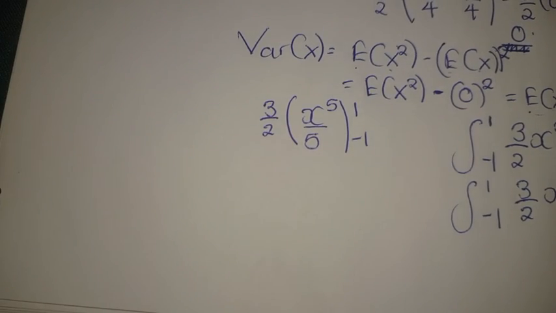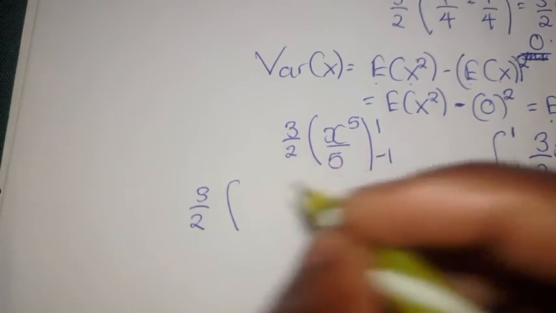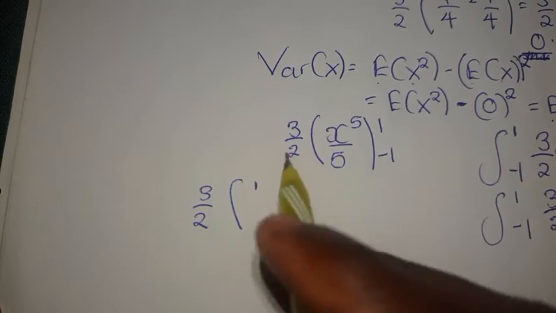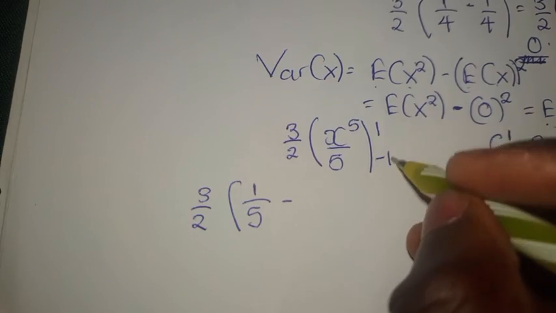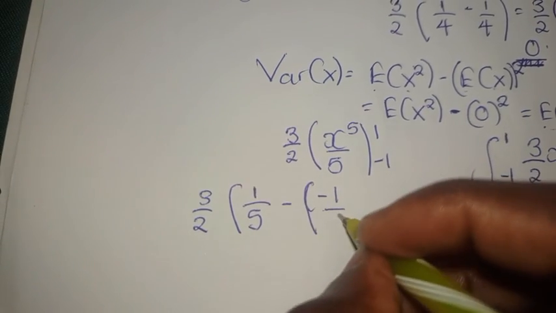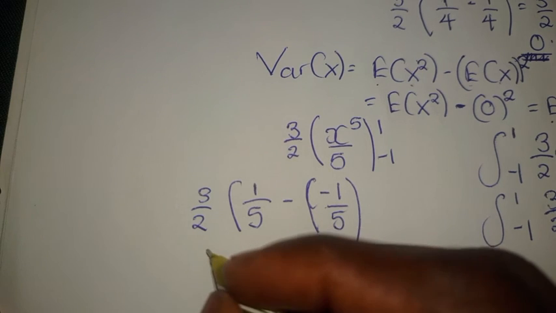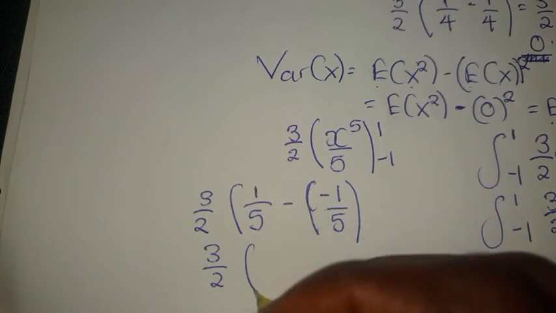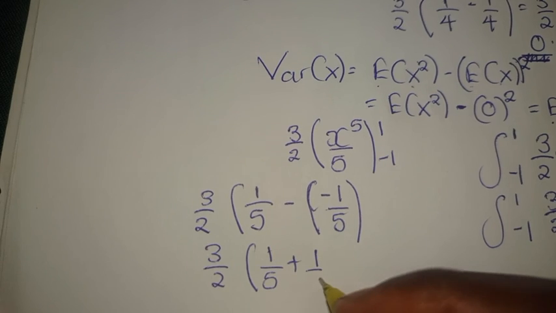So having done that, we just replace. So 3/2, open bracket. Remember 1 to the power 5 is 1/5, minus -1 to the power 5 which is -1/5. So negative times negative is positive, so we have +1/5.